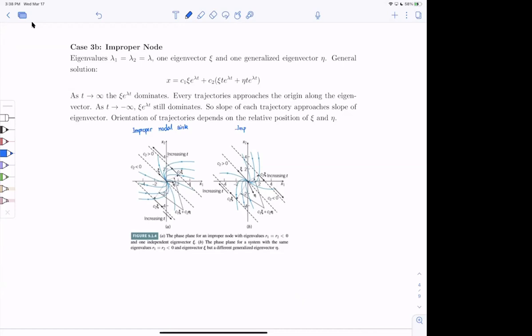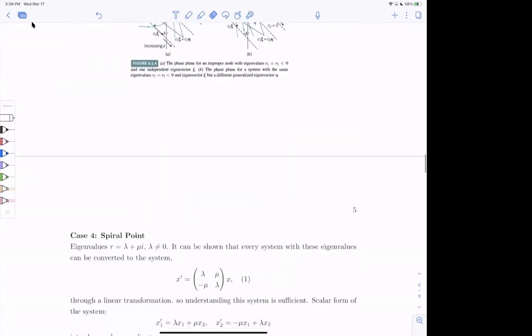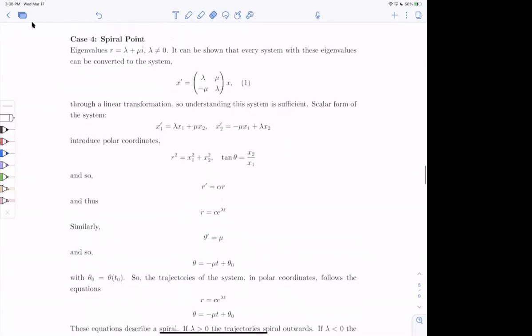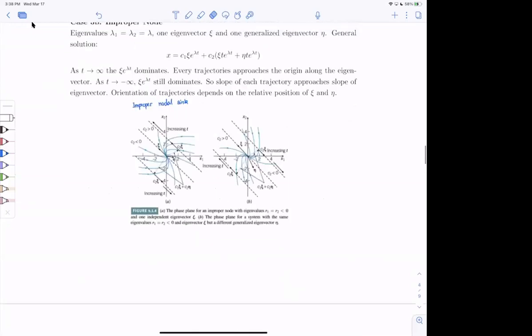Are they both sink? Yeah, they're both sink. I should have put the source here, but I just realized they're all sink. Anyway, source is just going out.